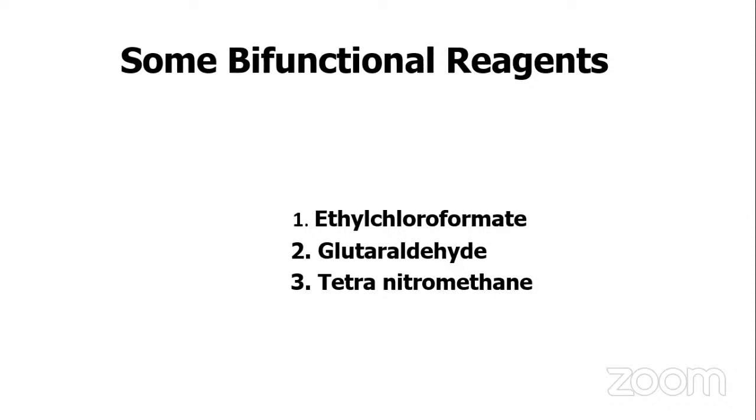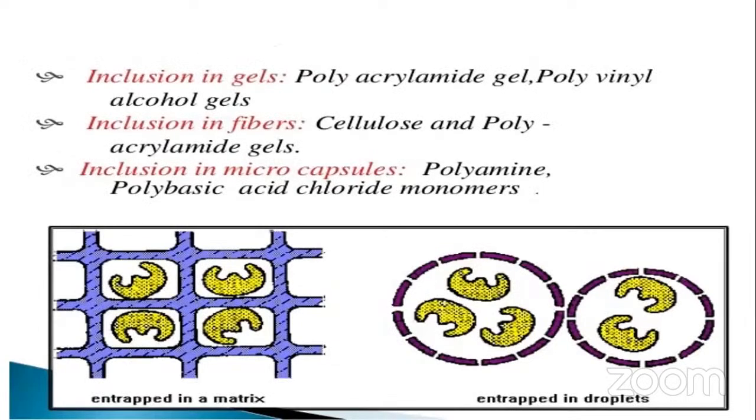Those of you who have done electron microscopy remember this glutaraldehyde you can use for fixing. The principle is the same as we do in immobilization of enzyme. Tetranitromethane can also be used. There are many more reagents, but try to remember at least these two or three, because if you are using it in future, you can use this.